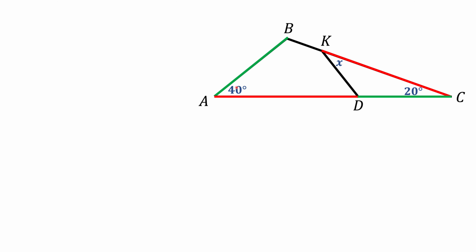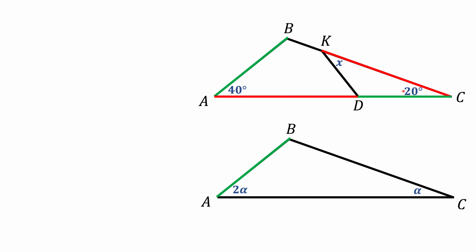Before we go into trigonometry, let's do a little bit of geometry. First of all, notice we have a triangle where one angle is twice as large as the other angle. So let's consider a more general case. We have a triangle ABC, angle C is alpha, angle A is 2 alpha, twice as much.